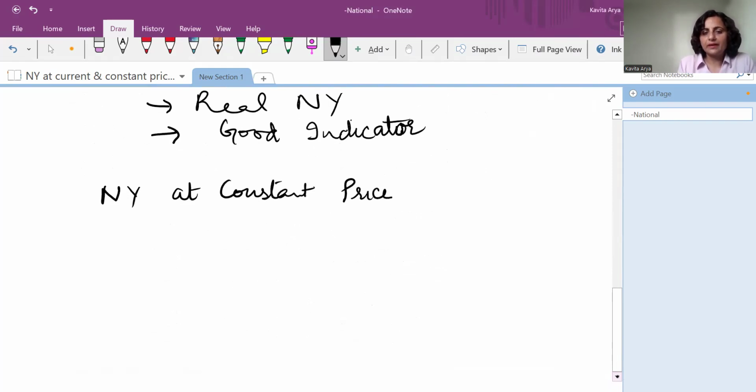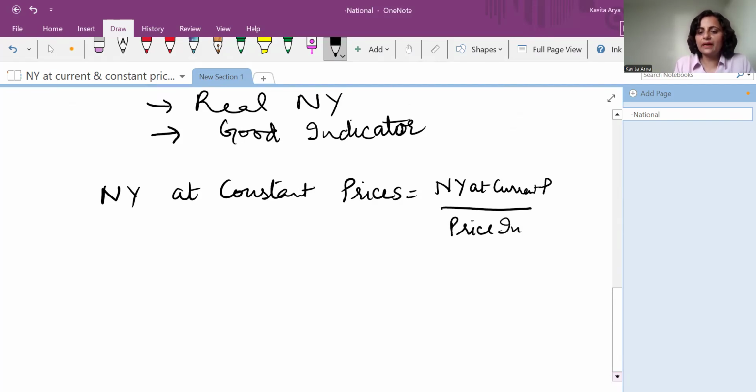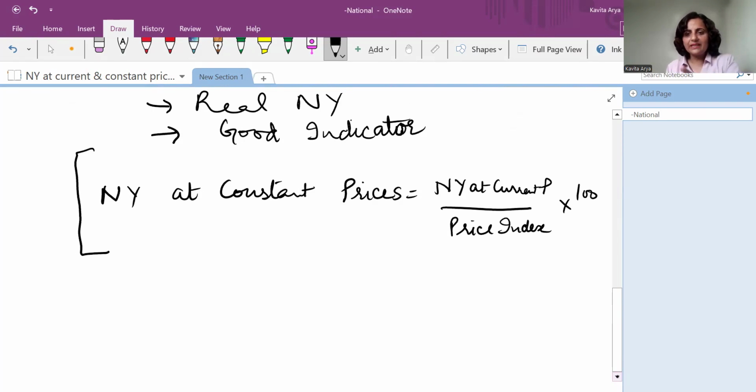we can find by just this formula: national income at current prices divided by the current price index, into 100. So this formula gives us the comparison of one national income into another.